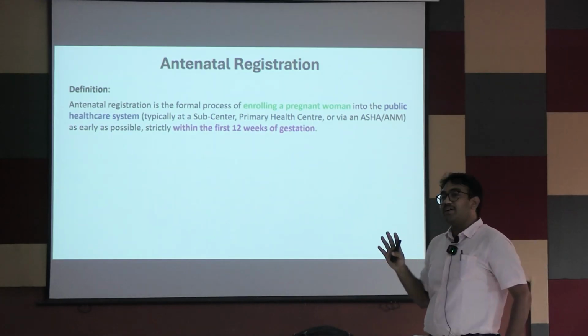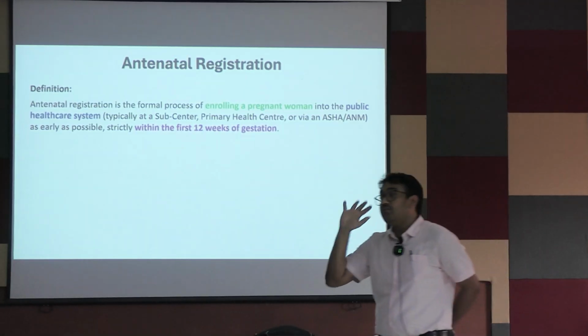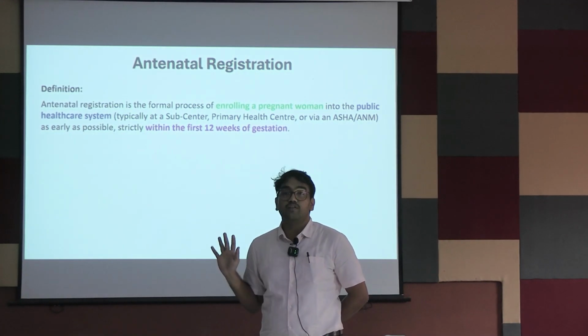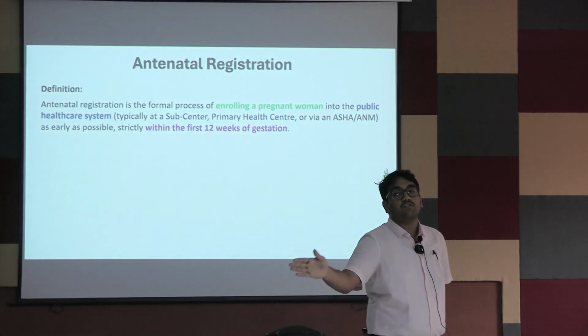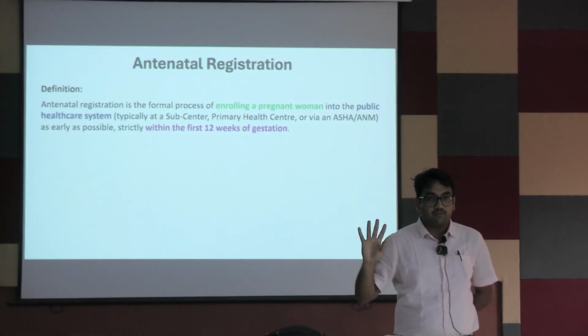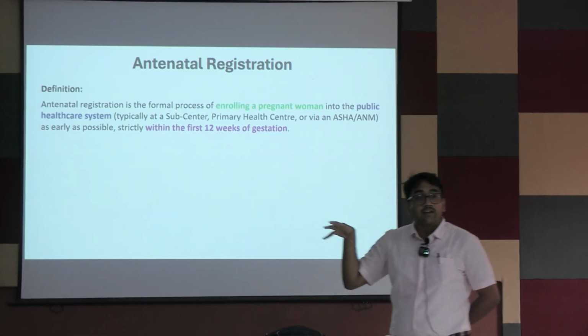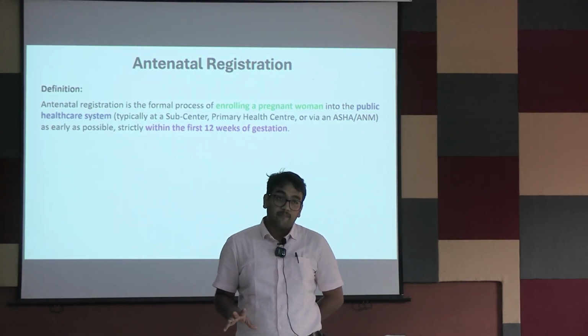Okay. So antenatal registration is just getting it registered as early as possible, preferably within the first 12 weeks. Now how to get it registered? Usually the process of registration is followed at the nearest subcenter. We know that the population is divided according to subcenters, and under a subcenter for every 1000 population there will be an ASHA, isn't it?